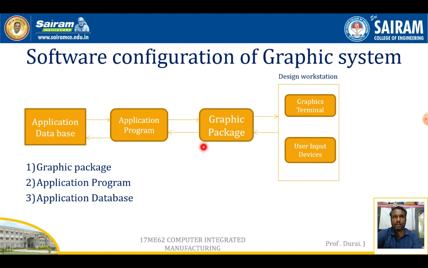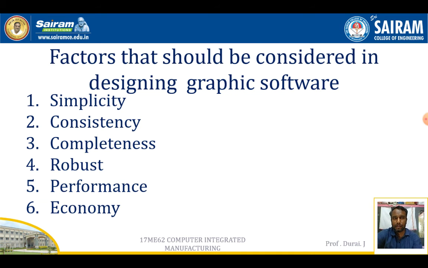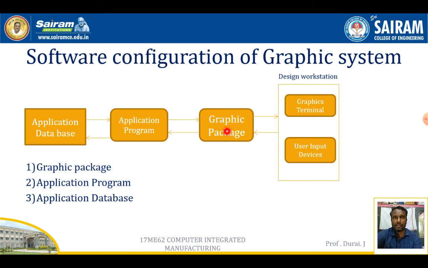Then comes the output subroutine. It controls the output devices like a monitor, and it converts the application model into two-dimensional or three-dimensional graphical images. So whatever is required, according to that, it has to be changed and sent to the monitors.